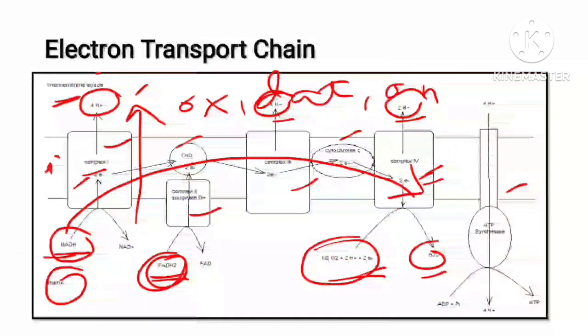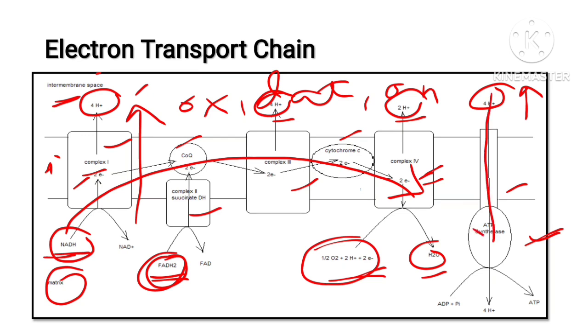As a result, there is formation of an electrochemical gradient of protons. The proton concentration is very high in the intermembrane space and less in the mitochondrial matrix. The only way these protons can enter the matrix is through complex 5.